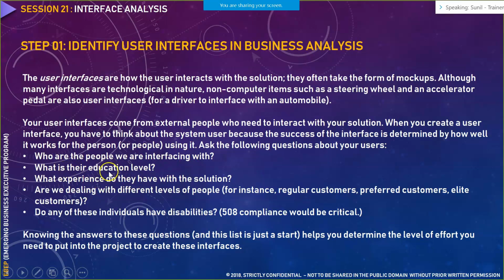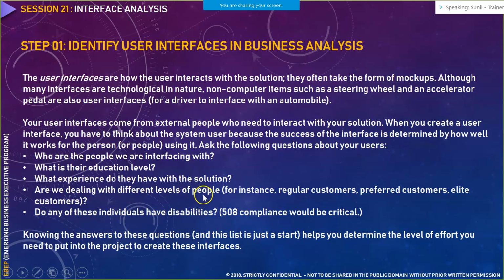It's not their college degree here; it's the education level indicating how comfortable they are with using the system. Then, what experience do they have with the solution? For example, if it is an insurance domain solution, whether the users interacting with the system are familiar with that particular domain or not, insurance, banking, or any other domain.